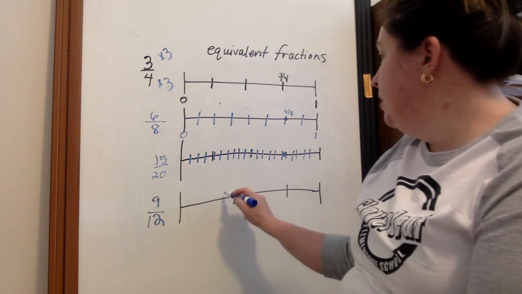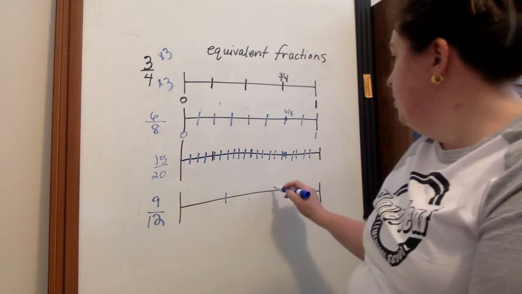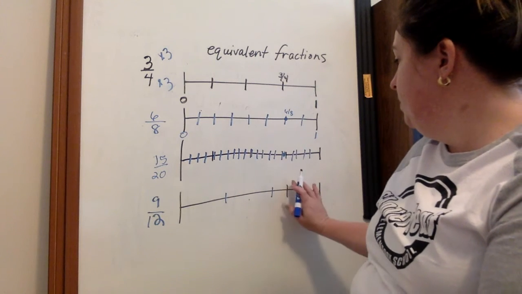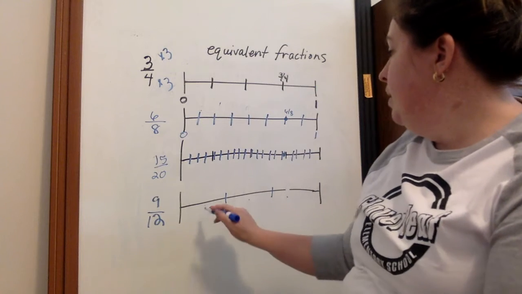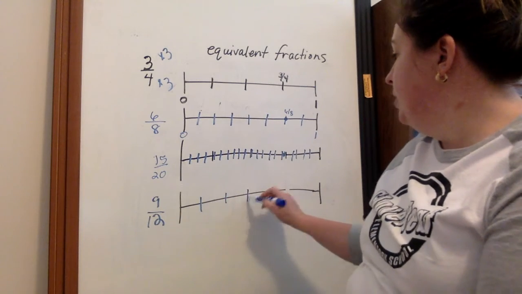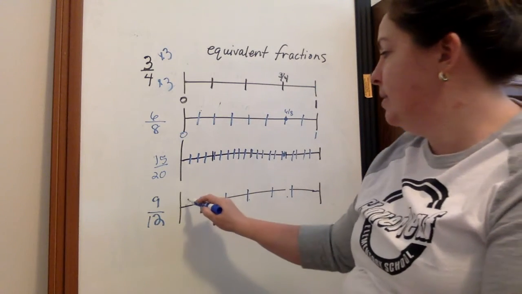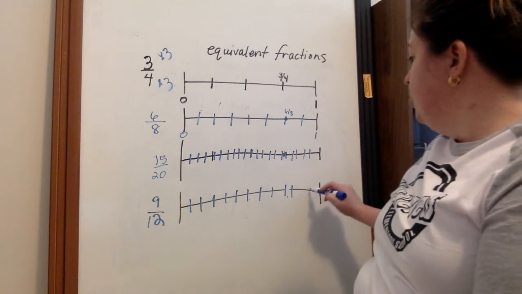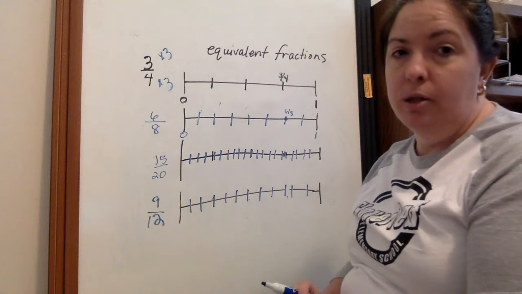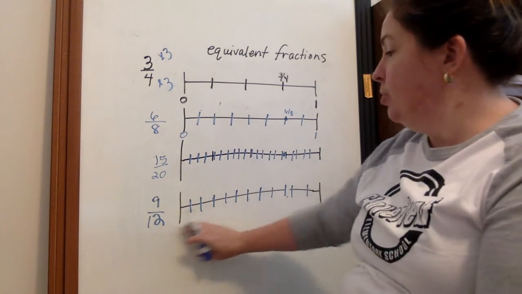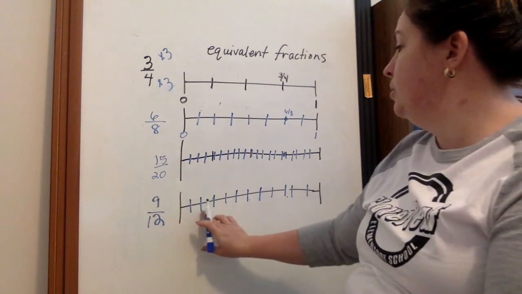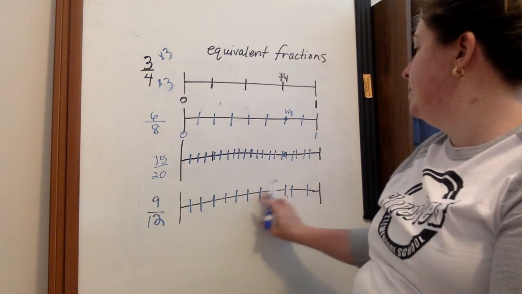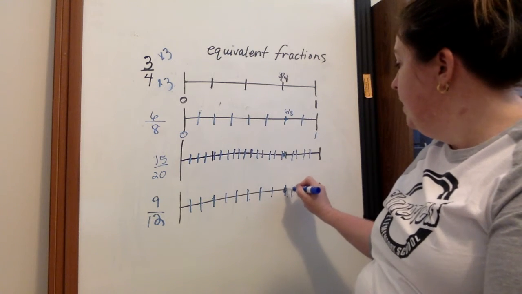I partition this into thirds, right? Then I can partition it again and get sixths. And I can separate each of those into 2 parts to get 12, which is our total pieces. 1, 2, 3, 4, 5, 6, 7, 8, 9.